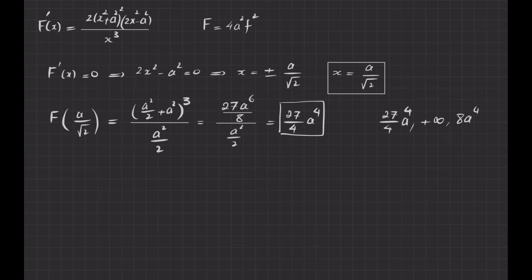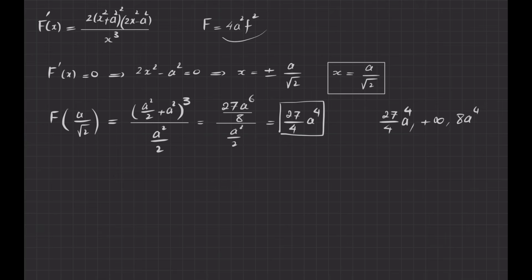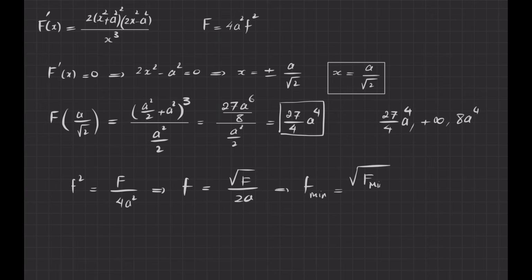This means that this is the minimum of capital F. Now if you look at this relation here, I can write f squared is equal to F over 4a squared. So little f is square root of F over 2a. So f minimum is equal to square root of F minimum divided by 2a. What is F minimum? F minimum is this quantity.